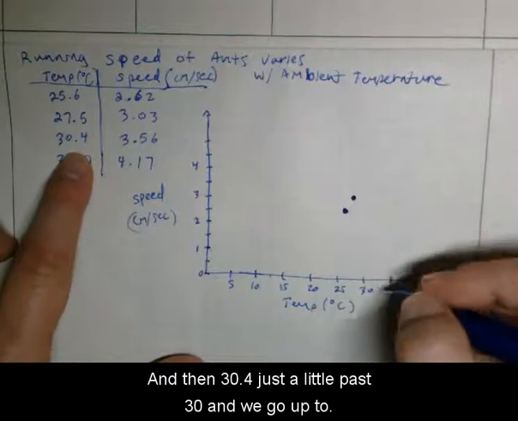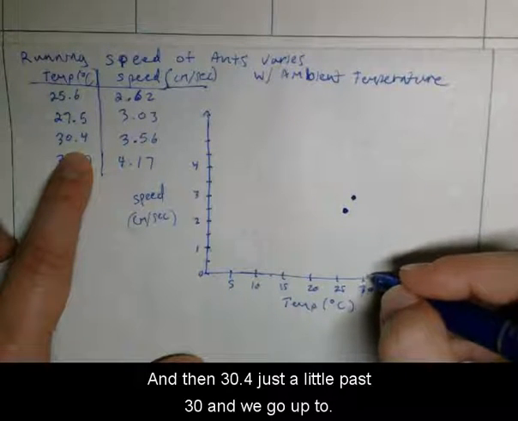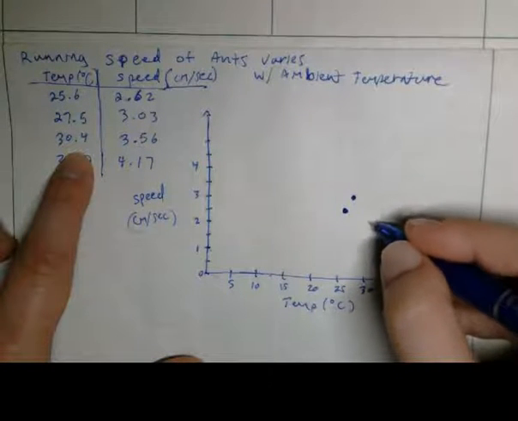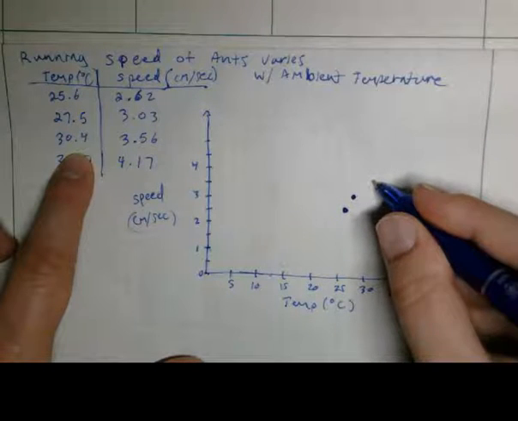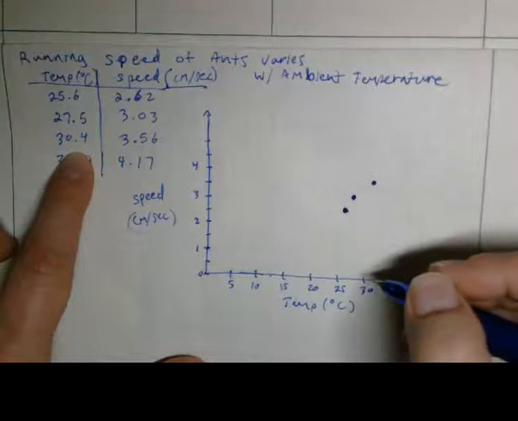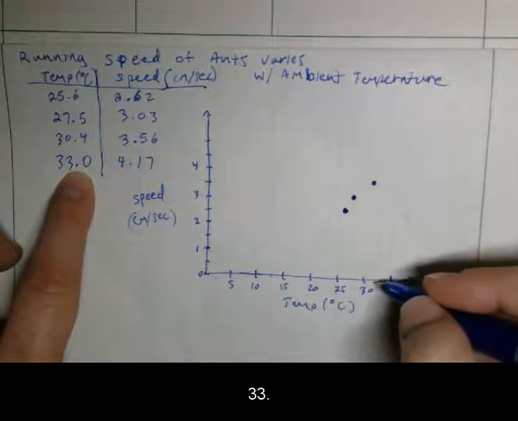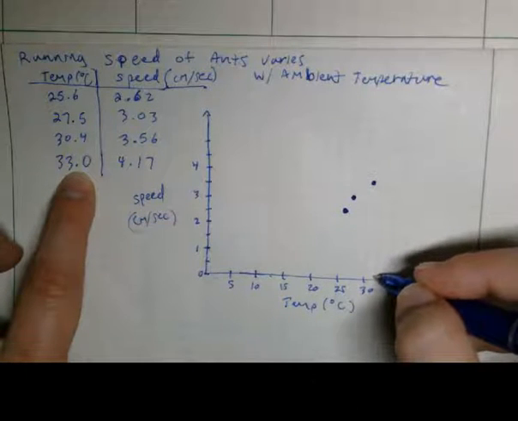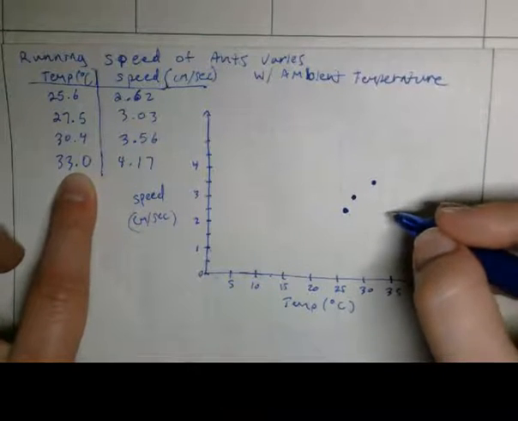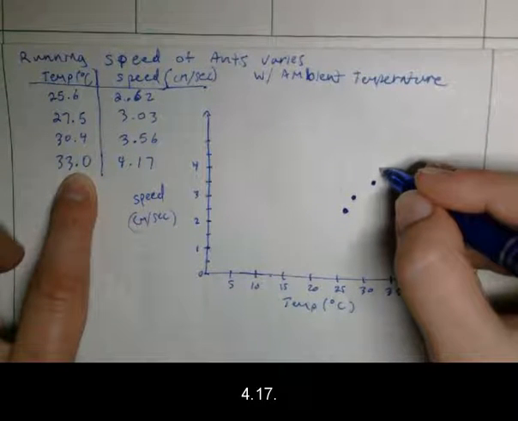And then 30.4, just a little past 30, and we go up to just over 3.5 for the next point, and then 33, so just about to 35, and then we go all the way up to 4.17.